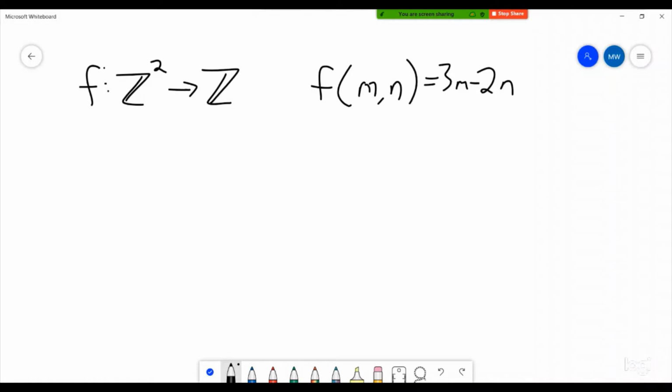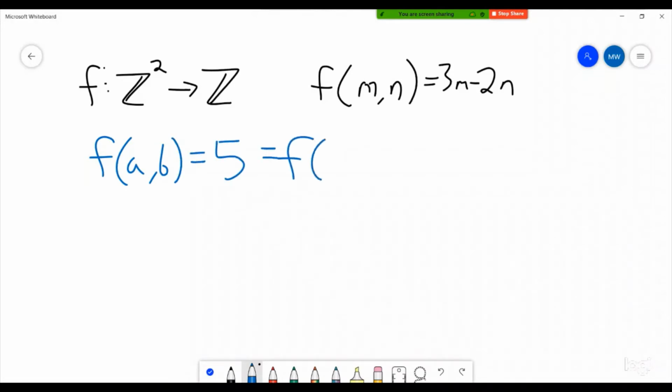So first off, we need to figure out, is this going to be injective? So is there only one way to get a given output? Let's just pick a number. Let's say that we have f of (a, b) equal to 5, which is also equal to f of (m, n).